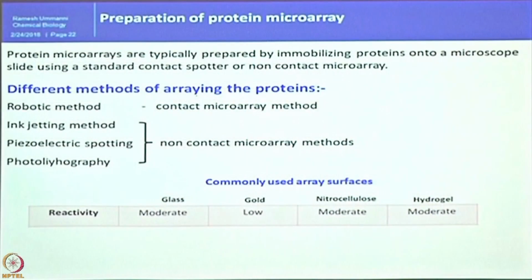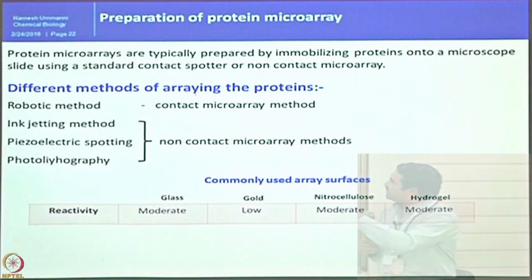The remaining three methods are the non-contact methods: inkjet method, piezoelectric spotting and photolithography. Maybe many people know about the inkjet method. It will spray the sample near the glass slide. So there is a chance of wider spots than concise spots, so you can accommodate a smaller number of proteins on one slide compared to the contact microarray methods.